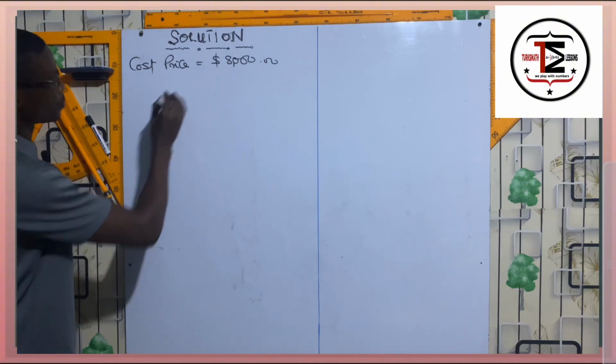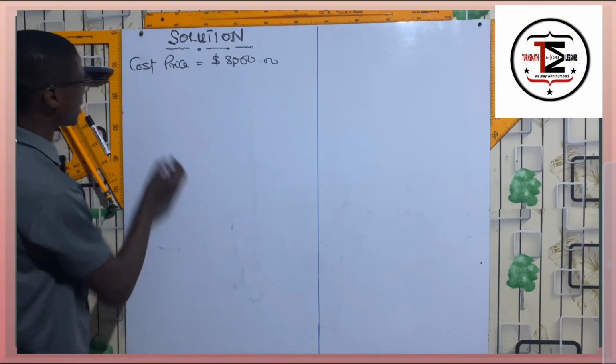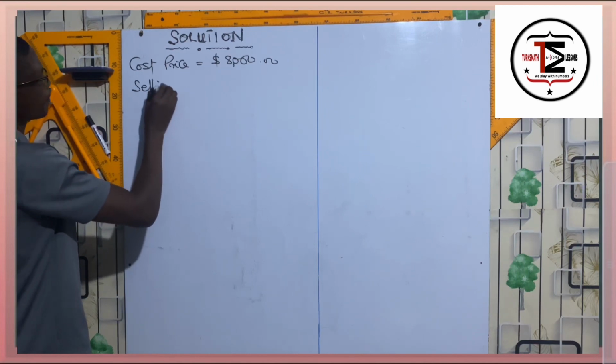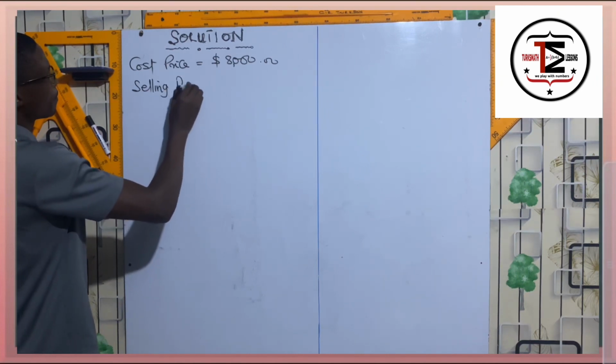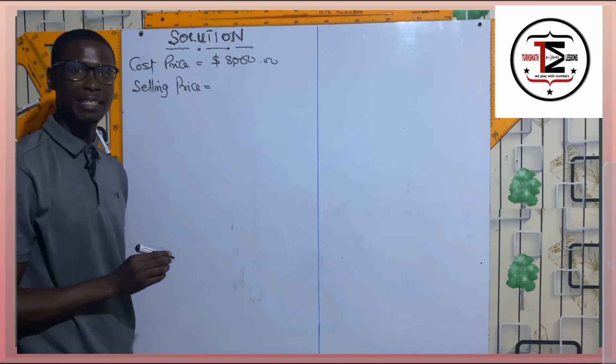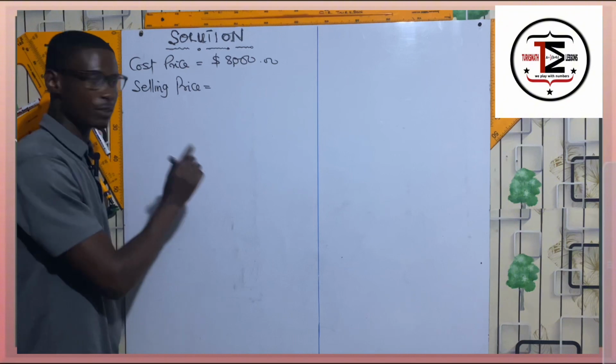Now, after getting your cost price, we need to get what? The selling price. And what is our selling price here? Our selling price is not given, so we say what?